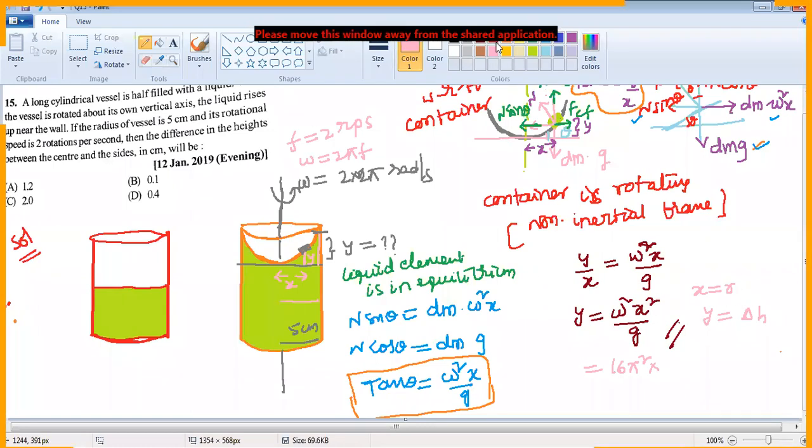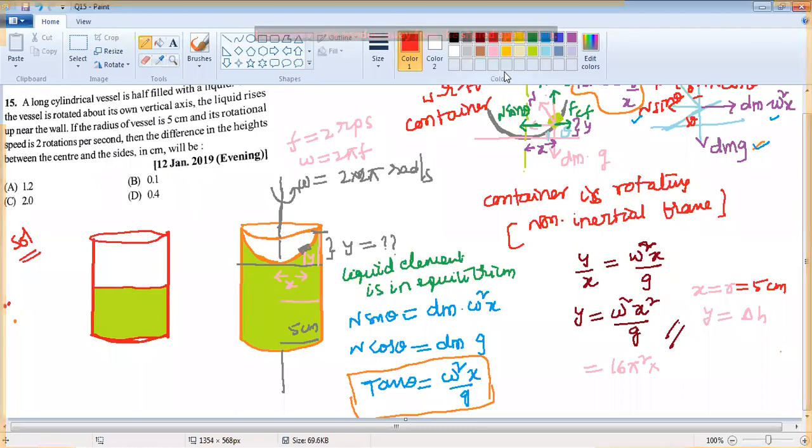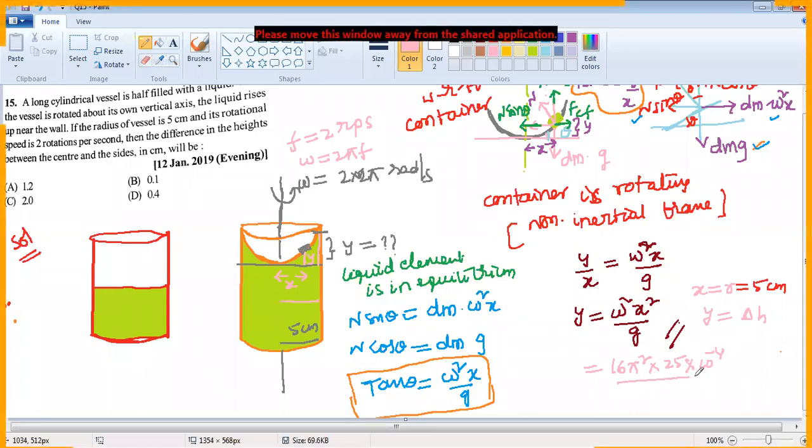X is nothing but the radius, 5 centimeter, which is 5 into 10 power minus 2 meter, because we are using SI units. The question asks in centimeters, later we will convert it, but I want to convert it into meters only. So 5 centimeters squared gives 25 into 10 power minus 4, divided by g. We should take g equals 10.